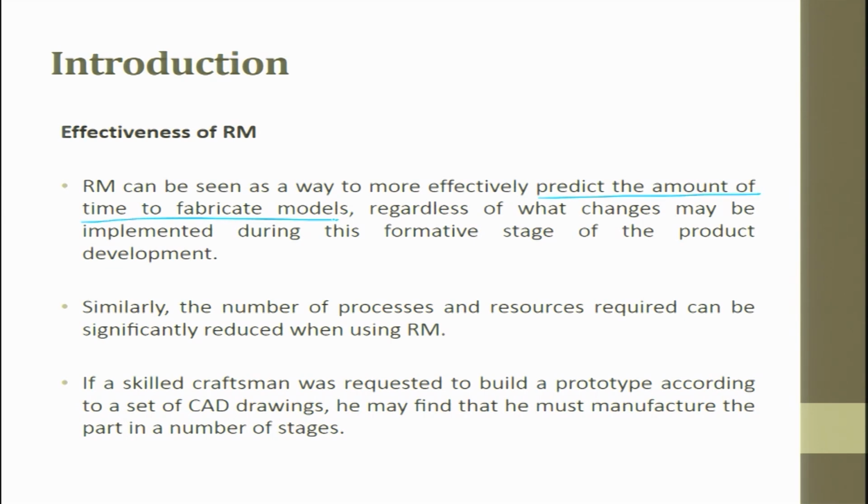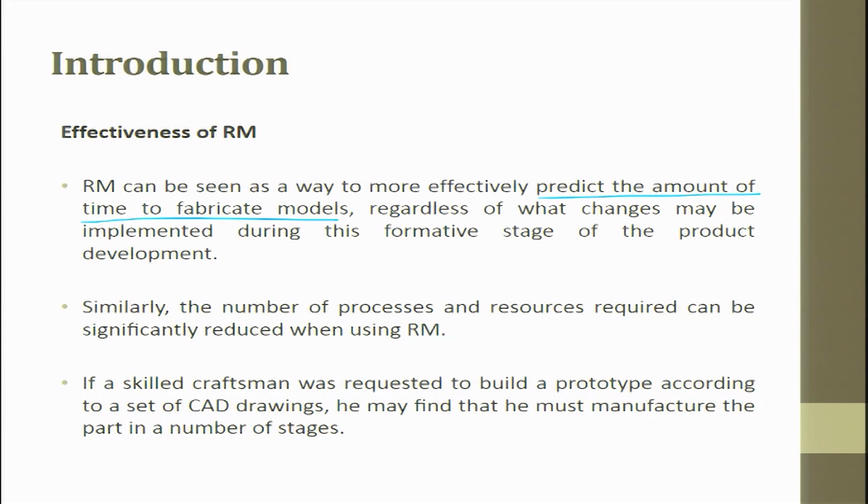This can be done when we are using the RM. Suppose there is a small change in the design and you follow the conventional route, it is very difficult for you to figure out when you will be able to deliver the product or show it to the customer. But here, when you follow rapid manufacturing, you can clearly tell him, okay, this is the time of delivery, and we will try to do it.